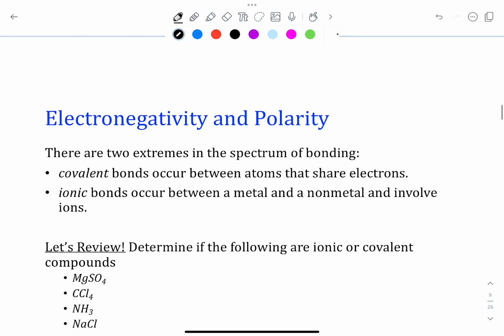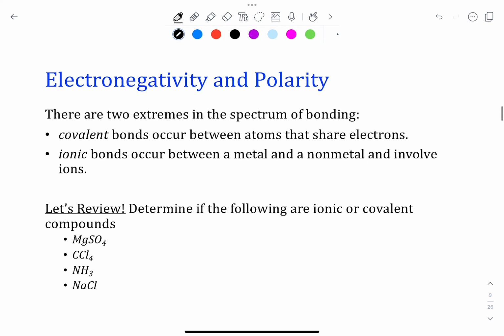So now that we know how those bonds are being made and what makes up those bonds, we can talk about the electrons within those bonds themselves. So there are 2 extremes in the spectrum of bonding, which we have talked about in our previous lessons. First is covalent bonding. Covalent bonds occur between atoms that share electrons.